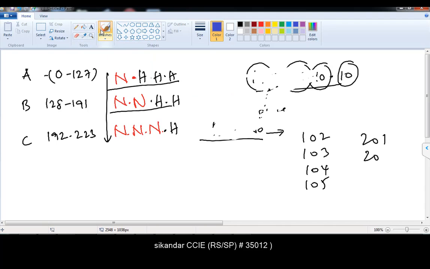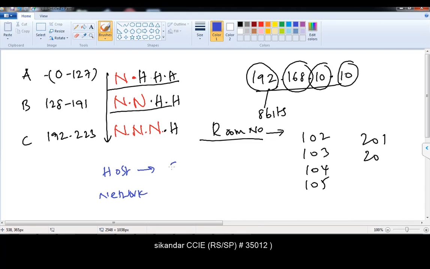So if I just take an example of the same thing, here we got two types of portions, host and network.